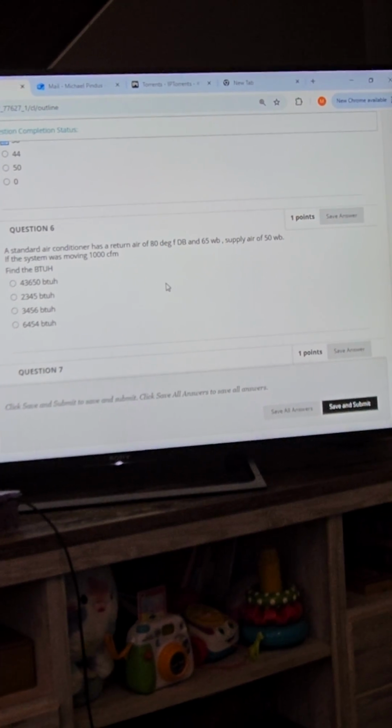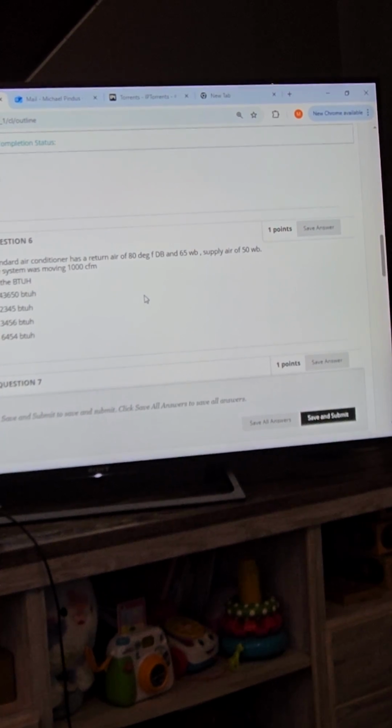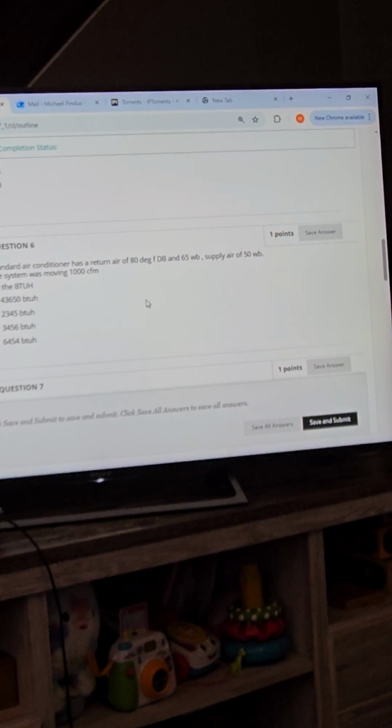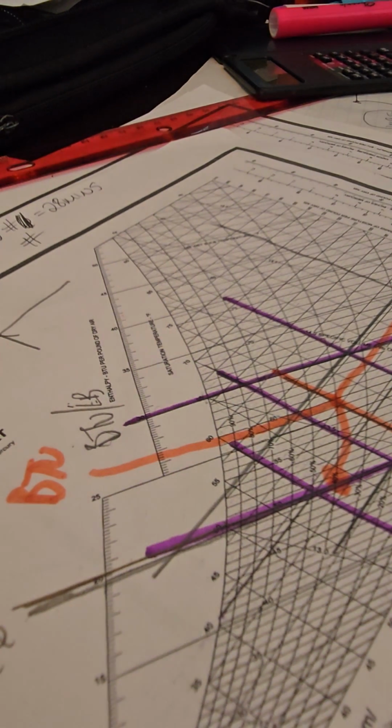Okay, a standard air conditioner has a return air of 80 degrees dry bulb, 65 wet bulb, supply air is 50 wet bulb. If the system was moving 1000 CFM, find the BTUH. Okay. Find the BTUH.